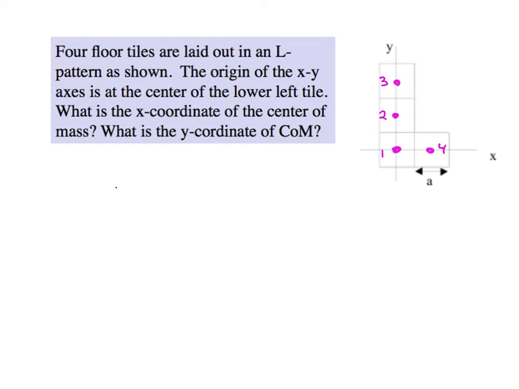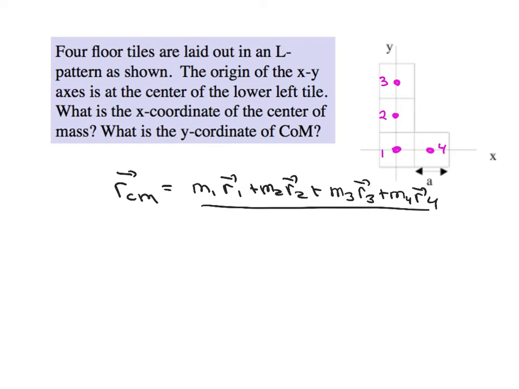The formula for the center of mass of this collection is M1 R1 plus M2 R2 plus M3 R3 plus M4 R4, divided by M1 plus M2 plus M3 plus M4.